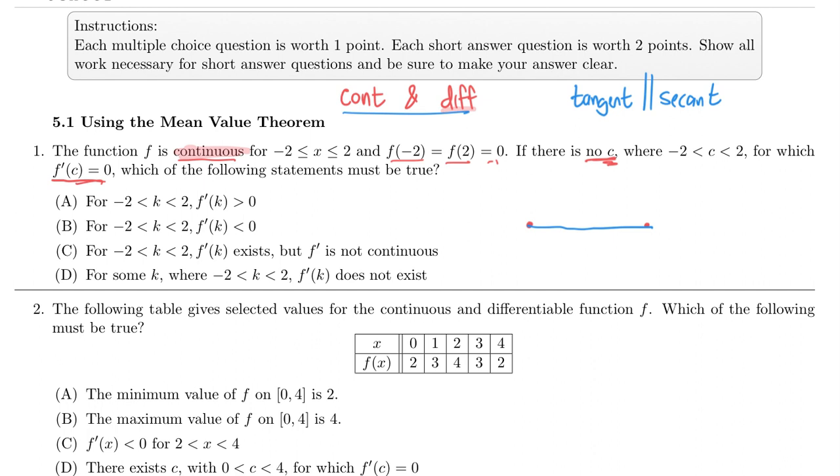So at some point, the original function does not have a derivative, which is exactly what D says. At some point, f prime of k, the derivative, does not exist. That's the only time the mean value theorem won't work, if the derivative doesn't exist at some point, or it's not continuous. But they tell us it's continuous, so it has to be that the derivative does not exist.